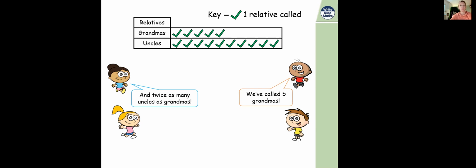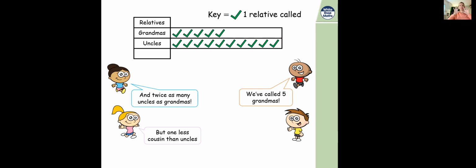Now they also called up their cousins. That was another relative they spoke about. But there was one less cousin than uncles. Well, we worked out that there were 10 uncles, didn't we? So if there are 10 uncles, but one less cousin than uncles, what is one less than 10? There's 10. Can you see my 10?